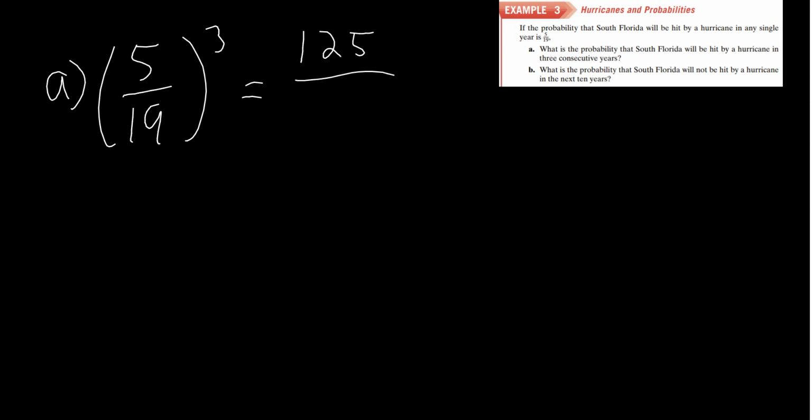There's nothing wrong with it, I just want to show the steps. And we know that in percentage this will be 125 divided by 6859, which is pretty low, about a 0.018 chance of occurring. So about almost a 2% chance that South Florida will get hit by a hurricane in 3 consecutive years.